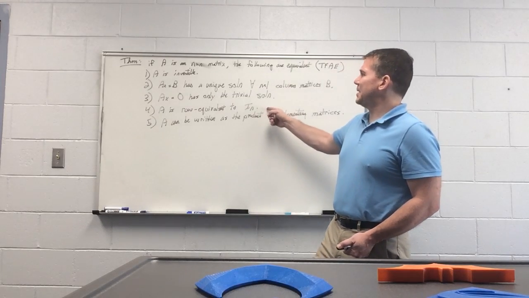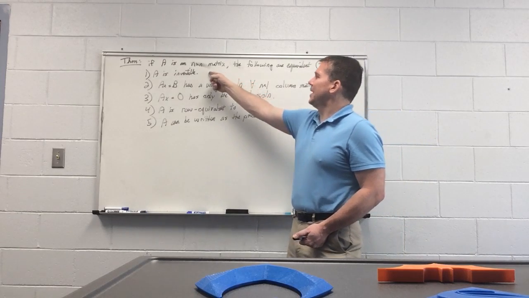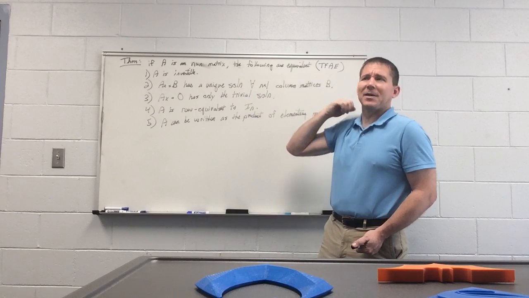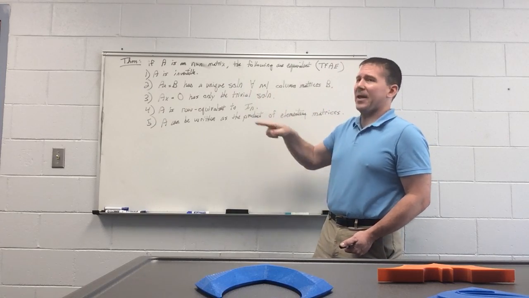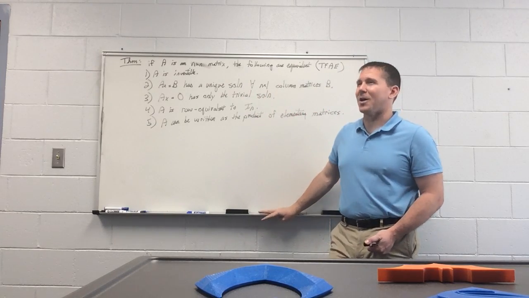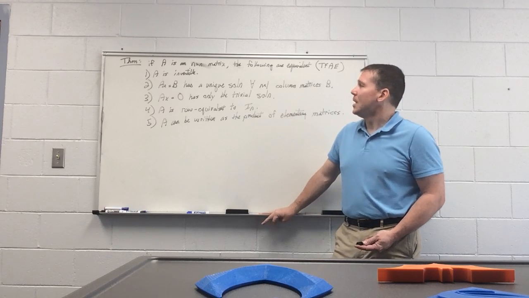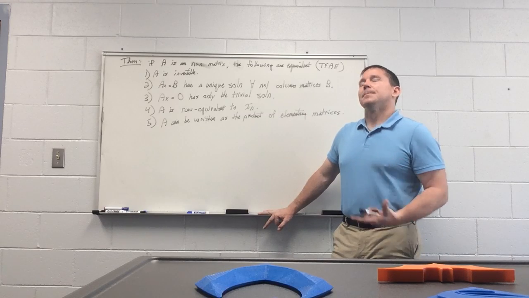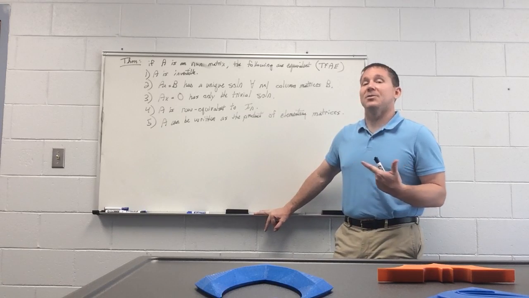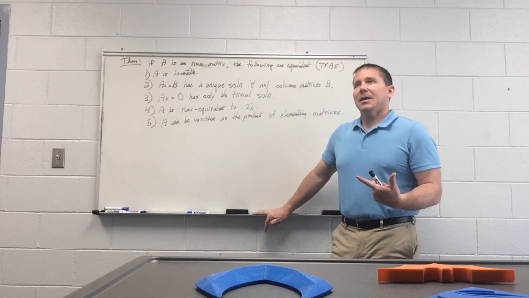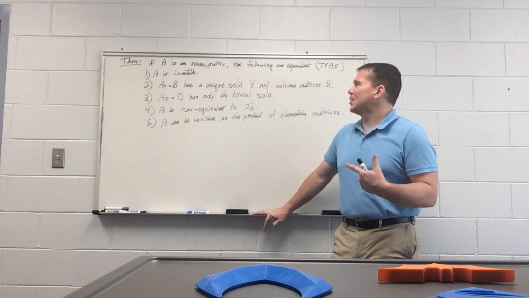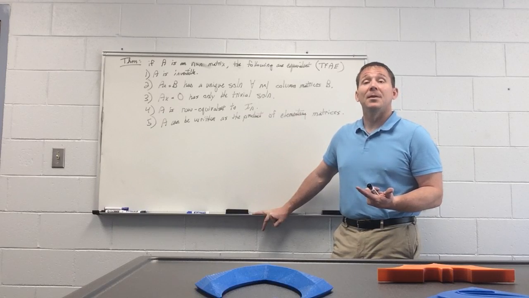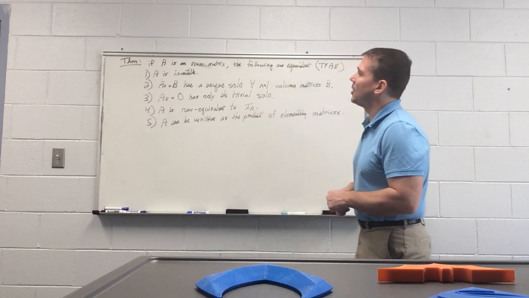If I'm row equivalent to the identity, well then I'm clearly invertible because I can just write out my product of elementary matrices, which will then turn into my inverse like we saw like 10 minutes ago. So again, there is a relationship here that should be pretty clear to see. And a bunch of these equivalencies we have already shown in one direction or the other, or in some instances both. Now we just have them all together.